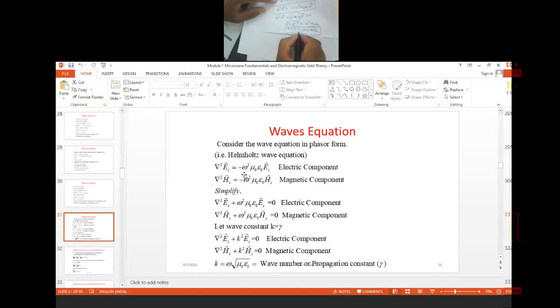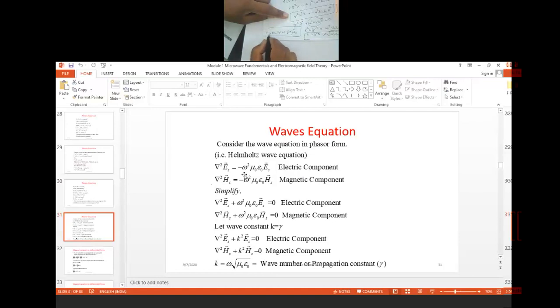This propagation constant is the wave number, and we use it when we write the electric field component, which is Ex0 cos of omega t minus beta z, that is gamma z, along the ax unit vector.